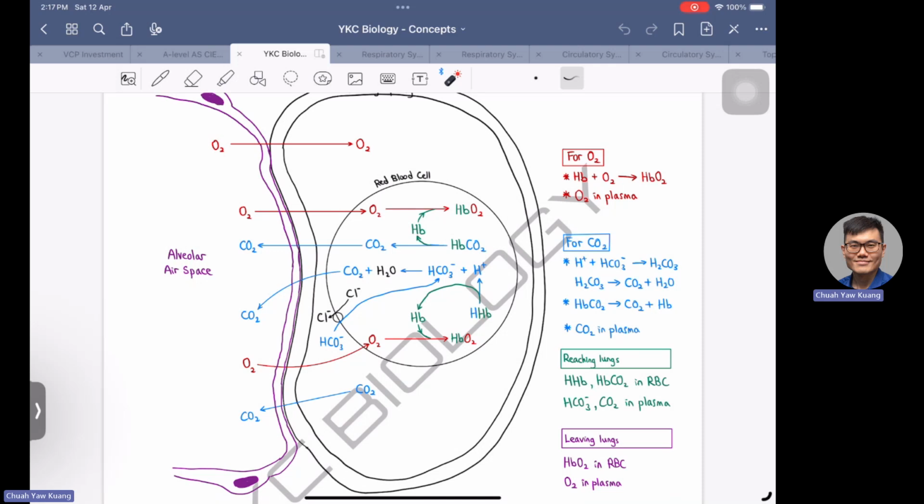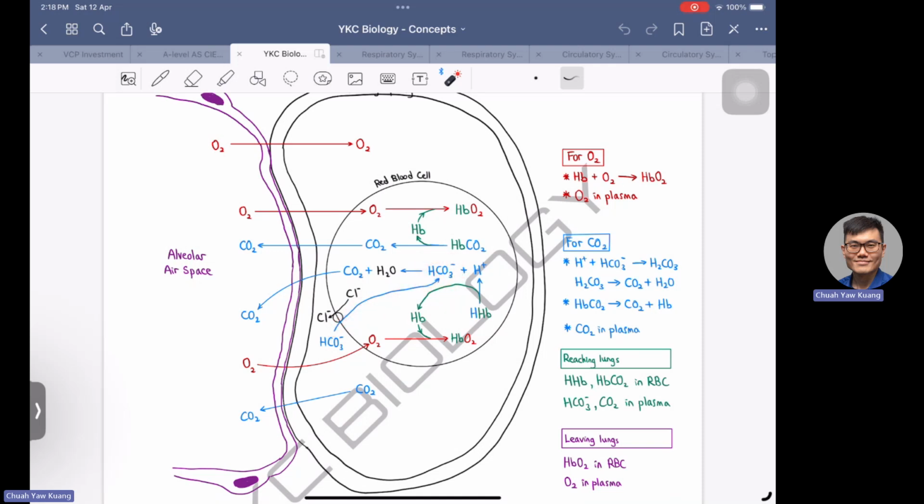Due to the slightly higher pH, the hemoglobinic acid, HHb, is going to dissociate and thus release the hydrogen ion and at the same time release the hemoglobin, which will be used to carry the oxygen later. At the same time, the bicarbonate ion will be transferred back into the red blood cell.